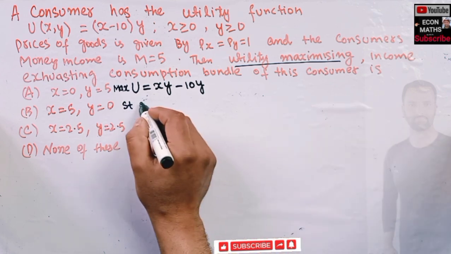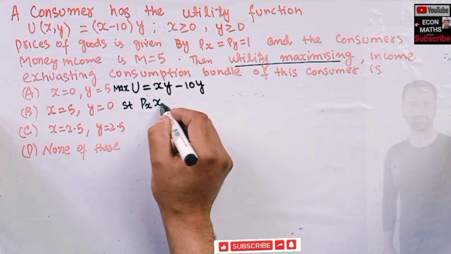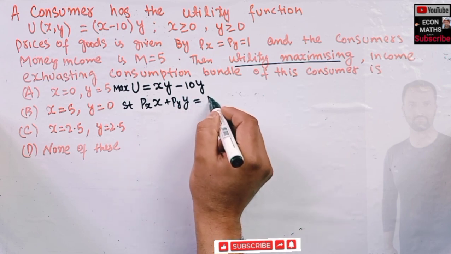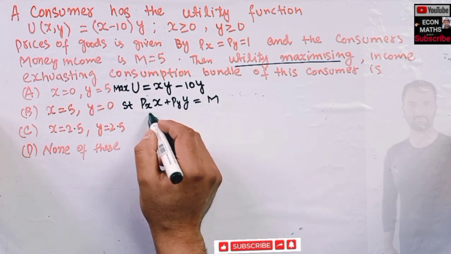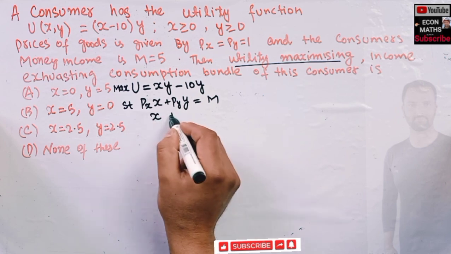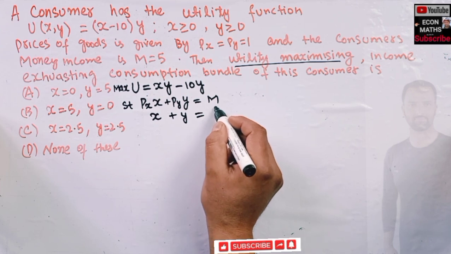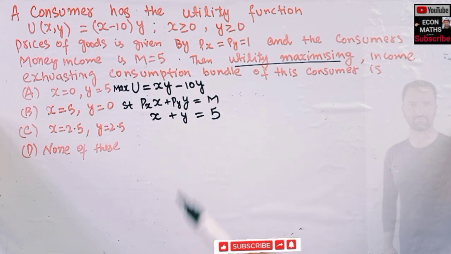What is budget constraint? Price of x into units of x plus price of y into units of y should be equal to m. Price of x is 1, that means 1 into x is x plus y should be equal to m. Total money income is 5. Okay, we want to maximize this subject to this budget constraint.